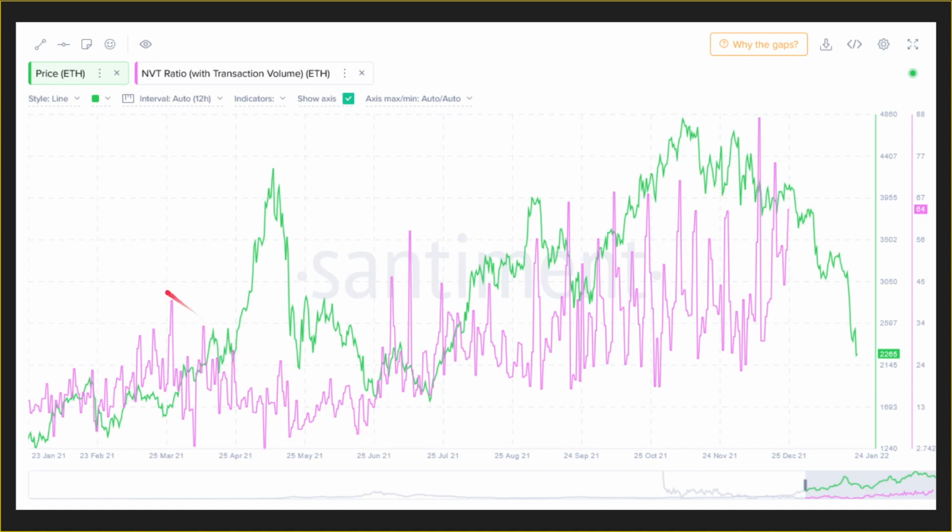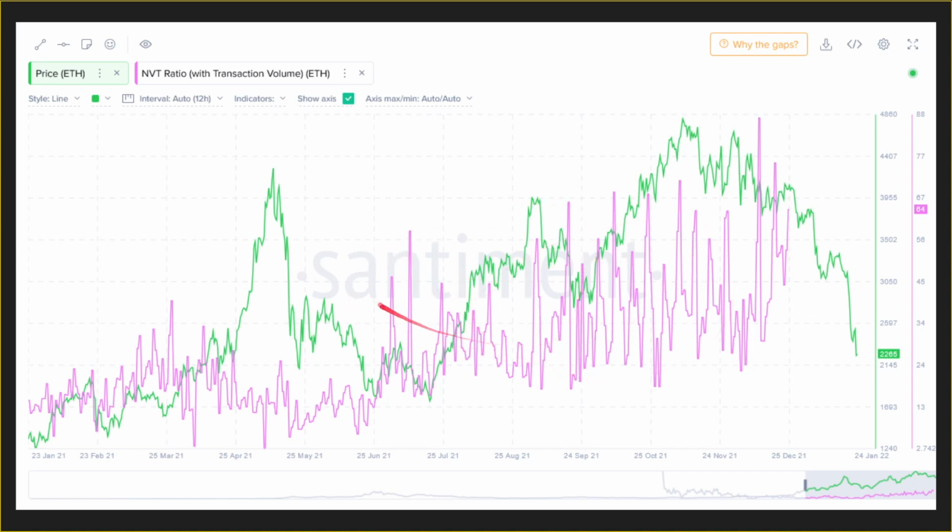This is another divergence. Overall, lower highs, lower lows into late April into May. Once again, the price would correct and would follow suit. We do see a spike in overall transaction volume and NVT ratio.